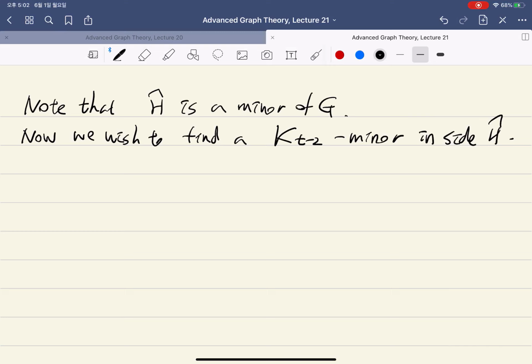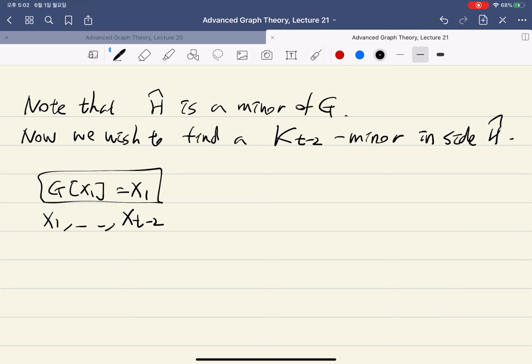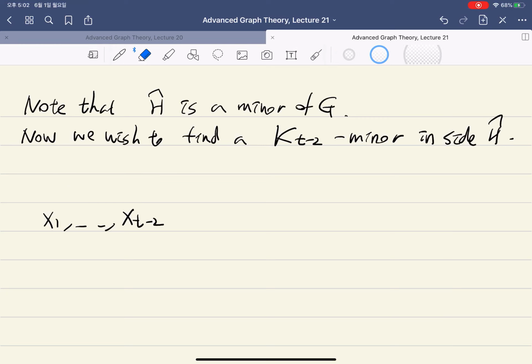So we will iteratively find the subgraphs x1 to xt minus 2. Let's identify this vertex set and subgraph, meaning that we will write both of these two as x1 and so on.